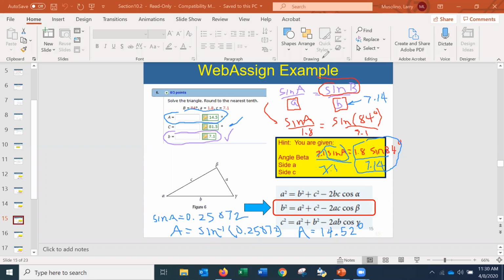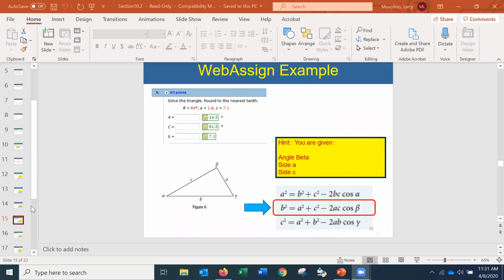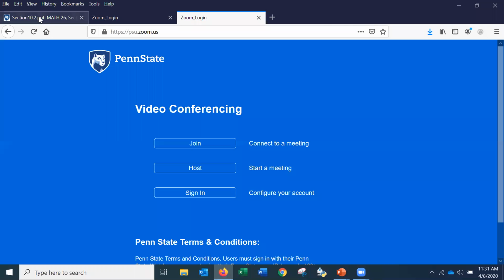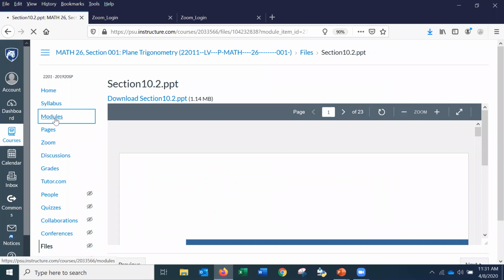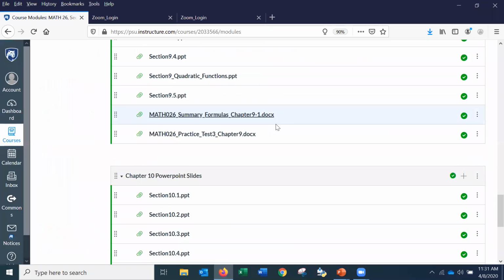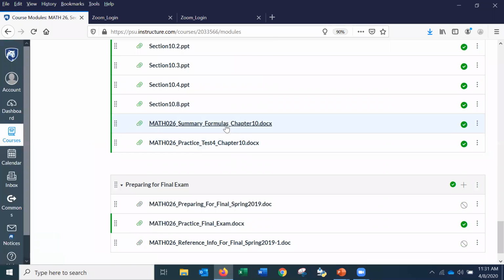All right, folks, everyone's seeing kind of the general setup of these examples. Good idea to have law of sines and law of cosines written out on a summary sheet. Yeah, I did put together, by the way, folks, a chapter 10 summary. Let me show you that in Canvas. So if you want to, here is a summary of formulas from chapter 10.